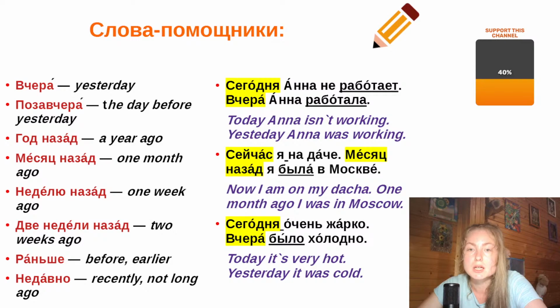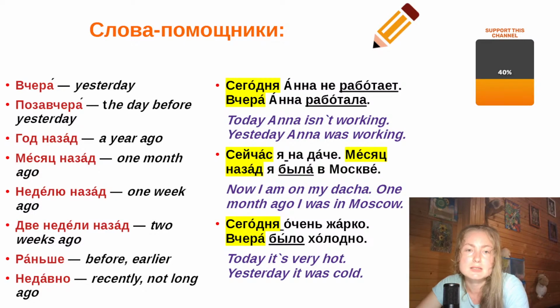That's why I wrote here the form неделю назад. About cases we will talk in my future videos. It's a very important topic, of course. Maybe someone knows about it, and for those people I answer that it's the accusative case.